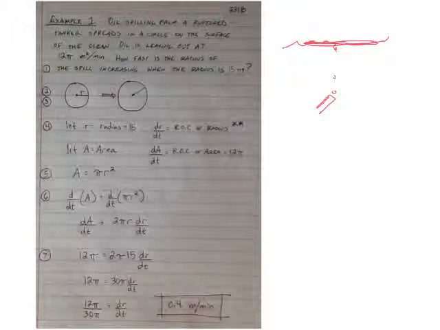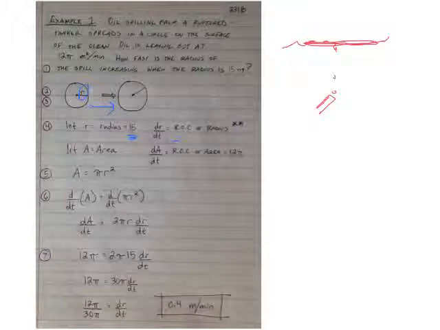And so now that I understand the problem, I'm going to draw a diagram and introduce some notation. The key thing is we have our radius, and over time the size of the circle is growing. And then I go about defining my variables. I'll have r as my radius. At the point of interest, my radius is 15.